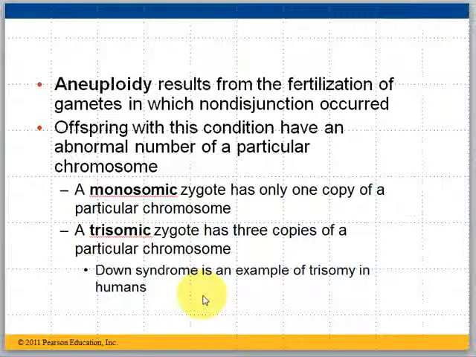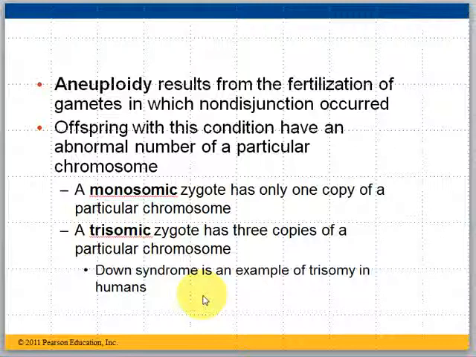But if that fertilized zygote then begins to create new cells through mitosis, remember, those cells are all daughter cells that will be genetically duplicate. So if that beginning cell is monosomic or trisomic for a particular chromosome, then all of the cells afterwards will also have that particular problem.